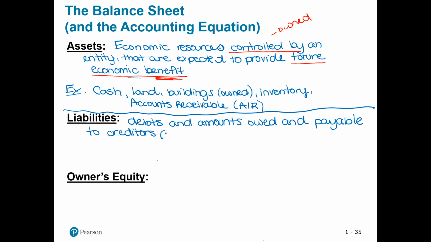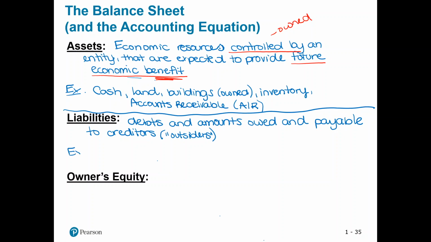Or we could consider creditors as outsiders. So these are entities outside of the organization or out of this business, like the bank or suppliers. So someone outside the business that is owed some sort of money or other item.